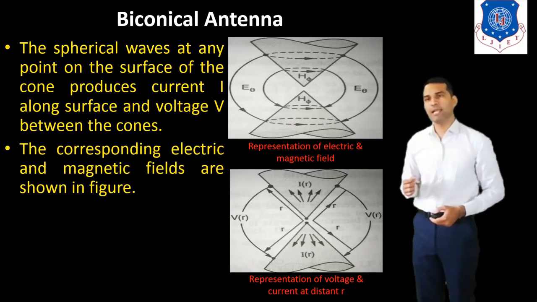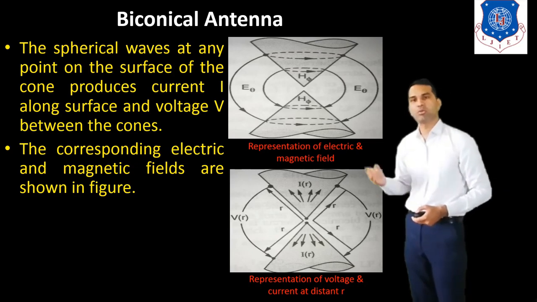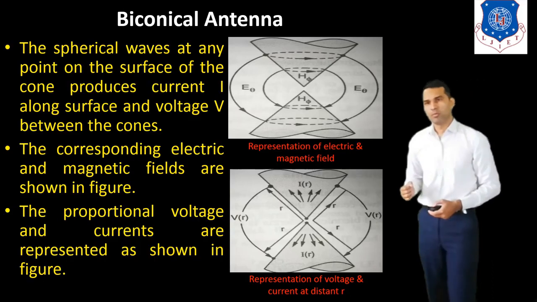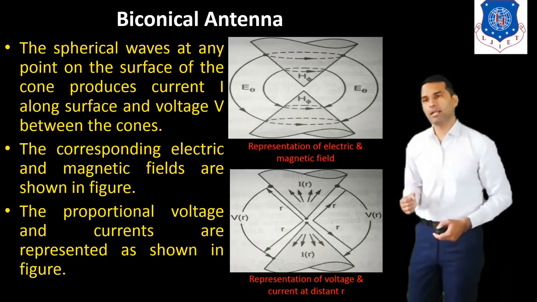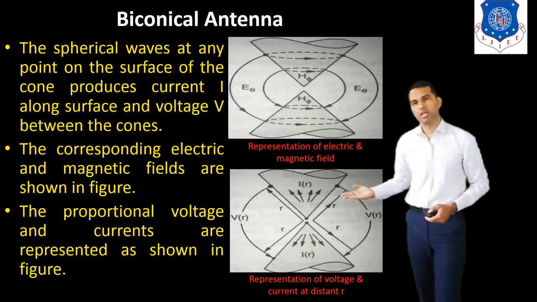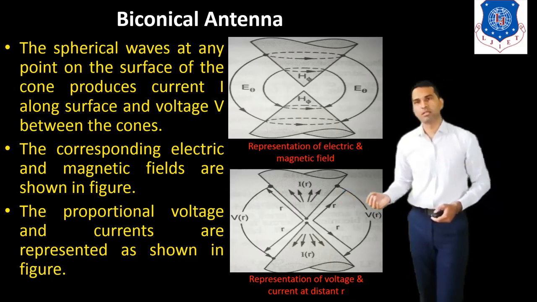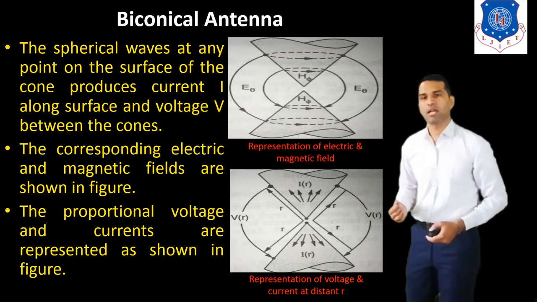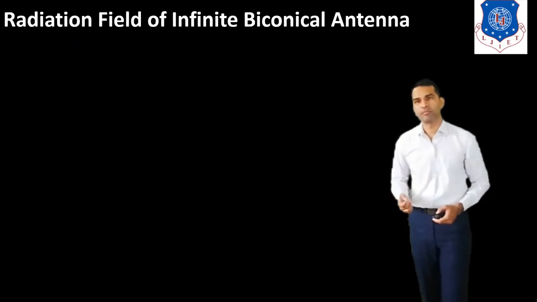The corresponding electric and magnetic fields are shown in this figure. The proportional voltage and current are represented as shown in this figure. So here we can see the voltage is produced and the current is produced, and we can also see the direction of the voltage and current.